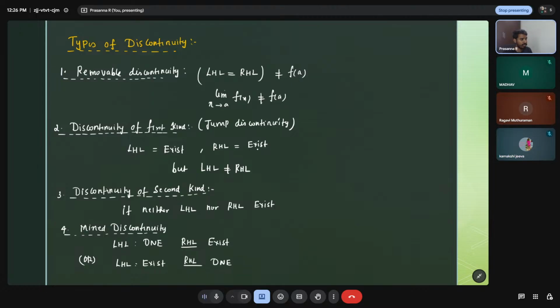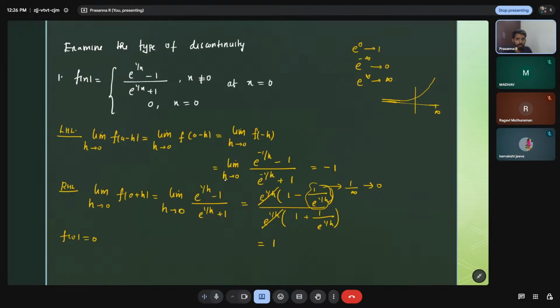LHL exists, RHL exists, but they are not equal. So it is discontinuity of first kind at x is equal to 0. Both exist, but they are not equal, right? Is it clear? So we'll move on to the next problem.